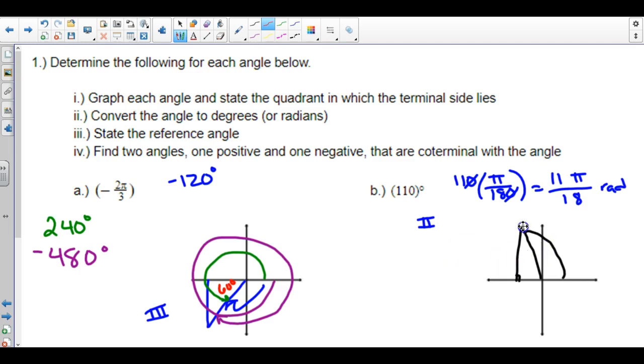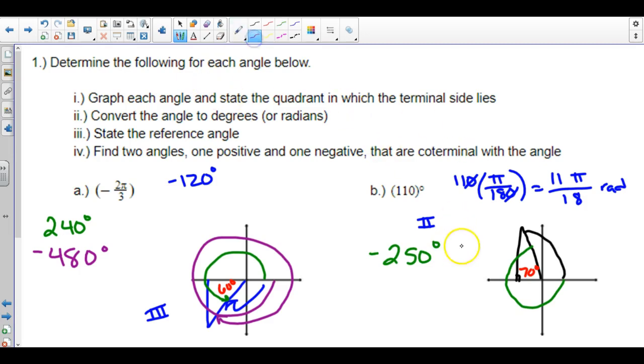Basically, if this went 110, my reference angle is telling me how much more I would need to get to 180. So if I take 180 minus the 110, I get a reference angle of 70 degrees. And then I'll look at my coterminal angles. The first one I'll look at is the negative. If I were to go negative 180 and another negative 70, that gives me my first coterminal angle of negative 250 degrees.